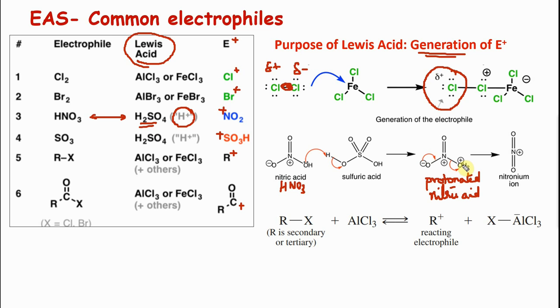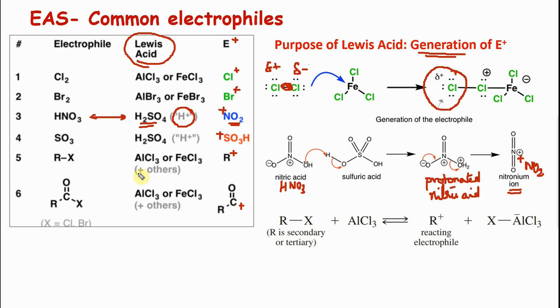The positive charge on oxygen is unstable, so it will try to get out of that positive charge by taking the electrons and leaving. Now I have a positive charge on the nitrogen atom. So this is called a nitronium ion. This question will come: what is the electrophile in nitration, and they will give 4 options, with minus on N, plus on O, minus on O and so on. You want to remember the nitronium ion. It is also written as NO2+ right here. Similarly, with the same mechanism, if you write it with SO3 and H2SO4, you get SO3H+.